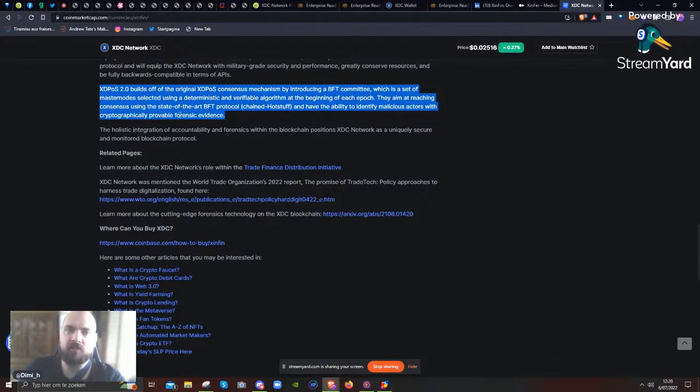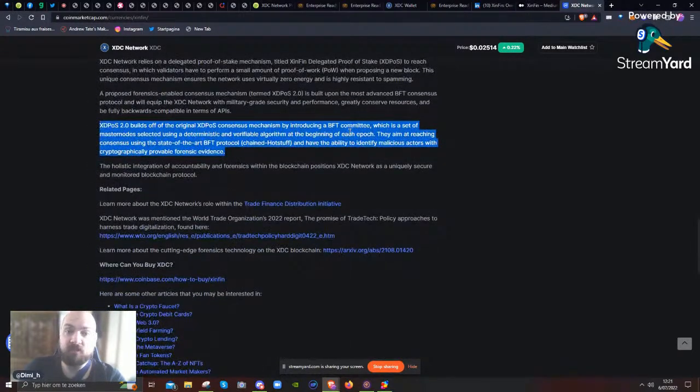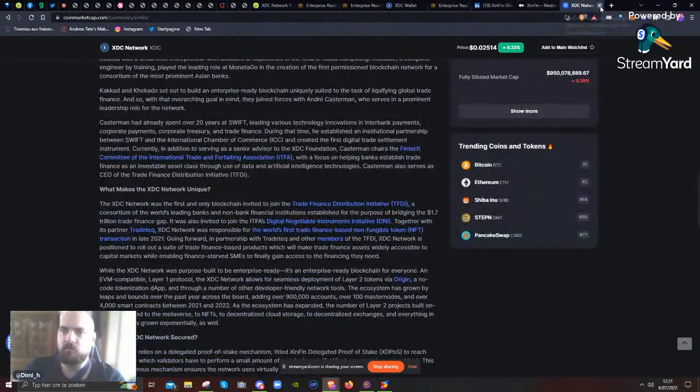That's basically what they're saying, meaning there is some choice in who the masternode validators are in order to do all the heavy legwork. And there are about 100 masternodes. It's actually a very, very small pool. Holistic integration of accountability and forensics within the blockchain positions XDC Network as a uniquely secure and monitored blockchain project. Okay, I'm going to close this one down.